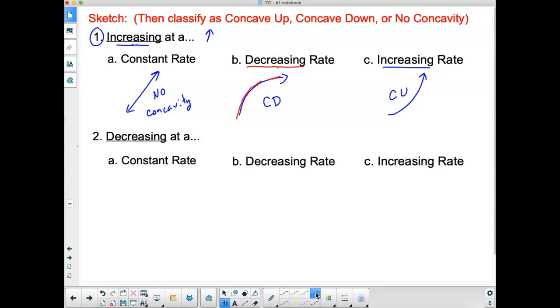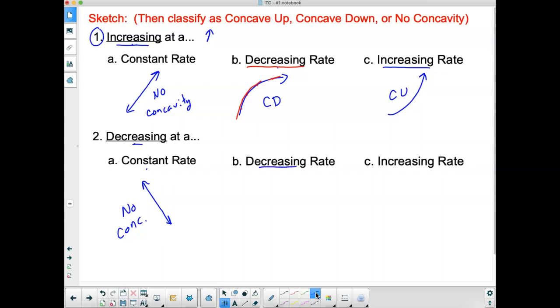Well, what happens if we're decreasing? If we're decreasing at a constant rate, that means left to right, our curve or line is going down with no concavity. Okay? How about decreasing at a decreasing rate?